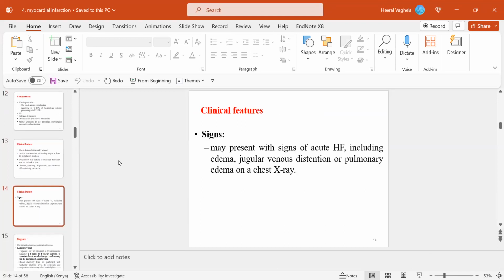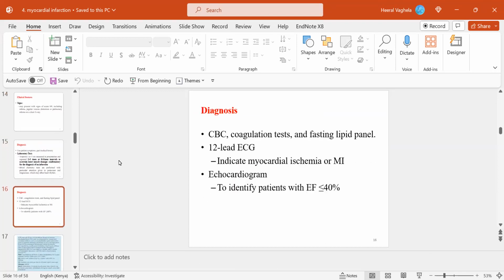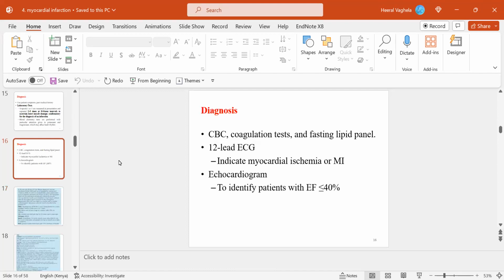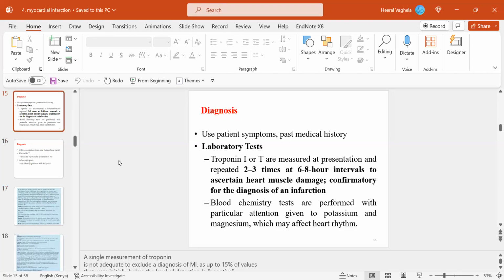Clinical features are the same as the other. So for diagnosis, like Fatma said, the cardiac markers are the ones that will be high, like troponin I and T. So that confirms the diagnosis of an infarction.